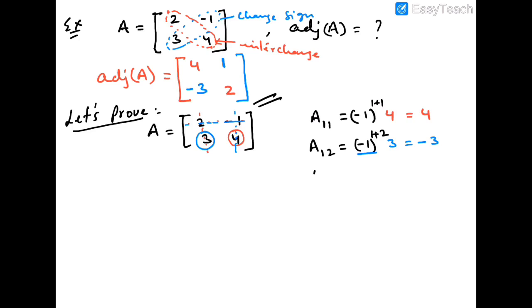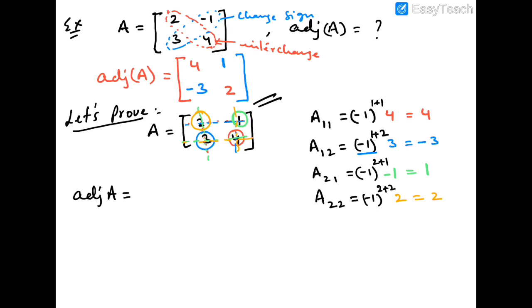Now the cofactor for 3 is (-1) to the power 2 plus 1, and if we eliminate the second row and first column, -1 is left, which will give us 1. Now the cofactor for 4 is (-1) to the power 2 plus 2, and if we eliminate the second row and second column, 2 is left, which will give us 2.